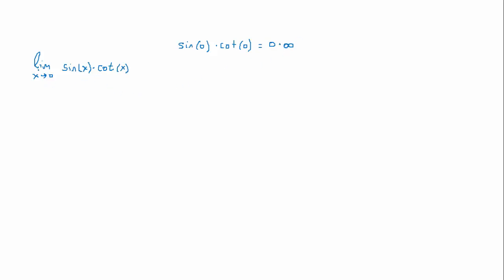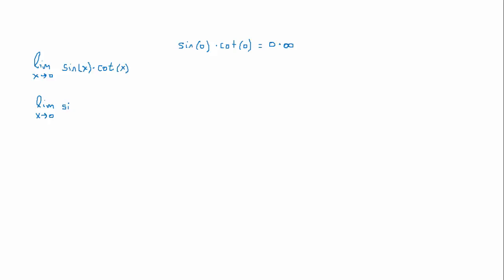So when you have a limit with some trigonometric functions in indeterminate form, what we'd normally want to do is use some trig identities to rewrite this expression and see if we can cancel a common factor. One easy identity we might use is to rewrite the cotangent of x as cosine of x over sine of x.